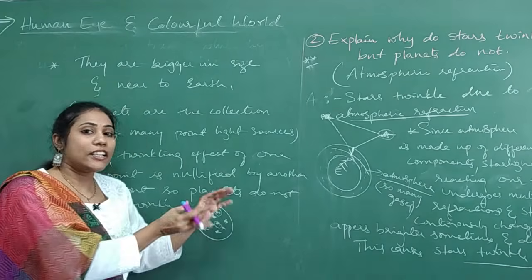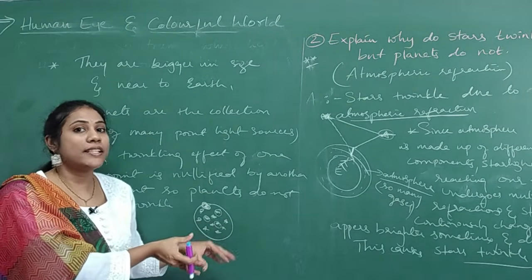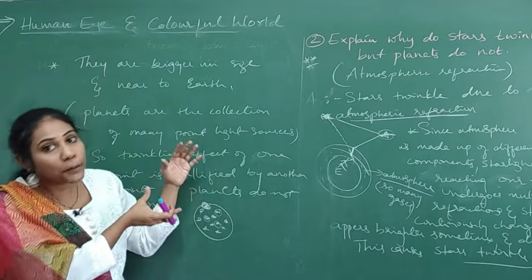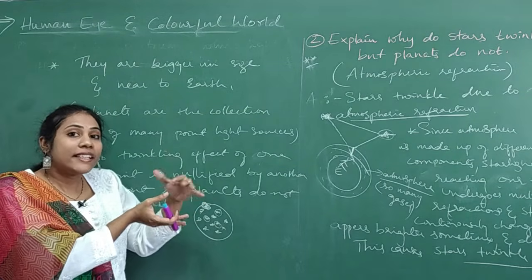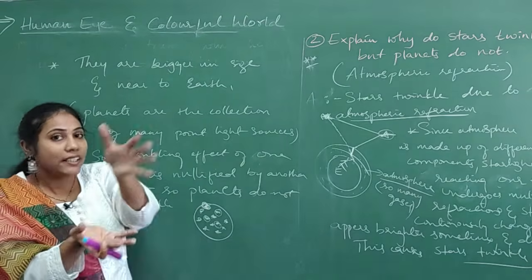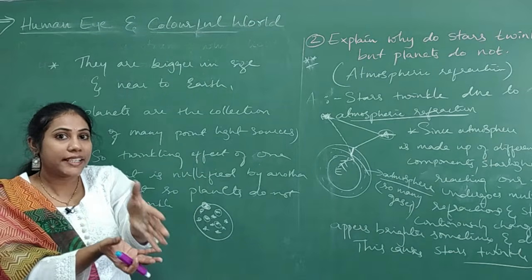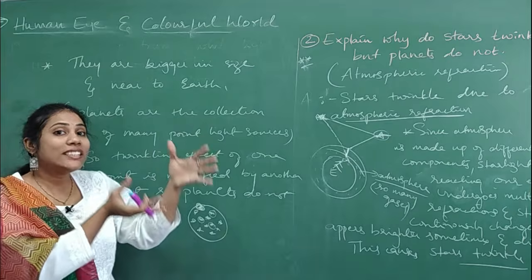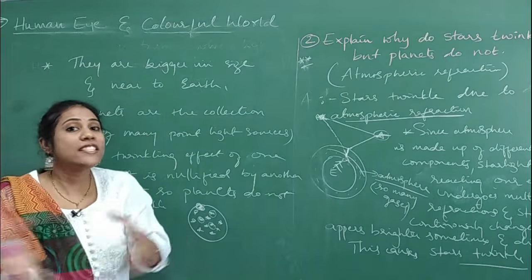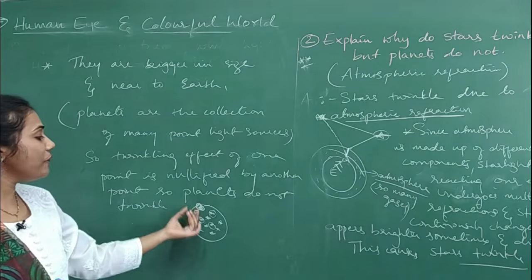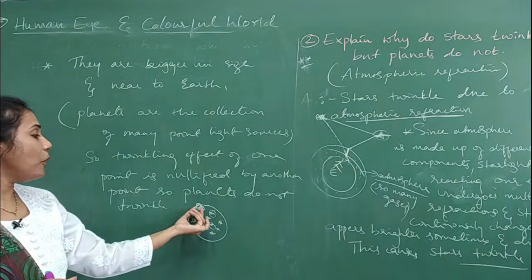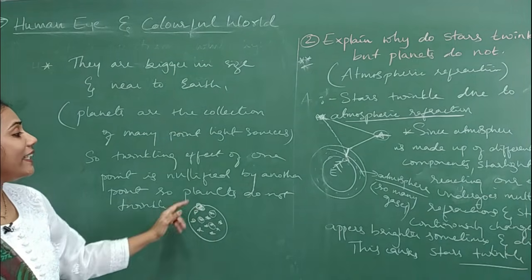It's because it's a collection of so many small points, where some points would be brighter and some dimmer. Again, the dimmer points would become brighter the next time. So that keeps the planet always looking brighter for us. Clear? So here the twinkling effect of one point is nullified by another.